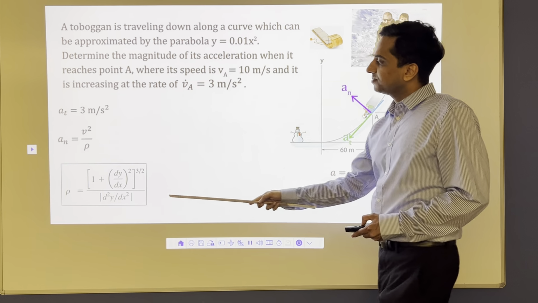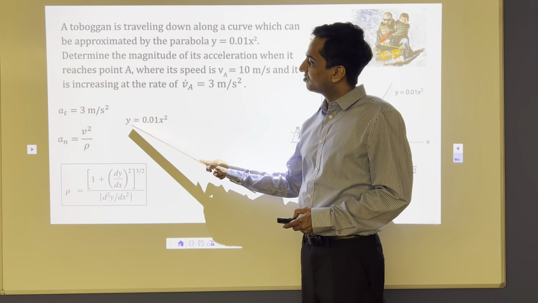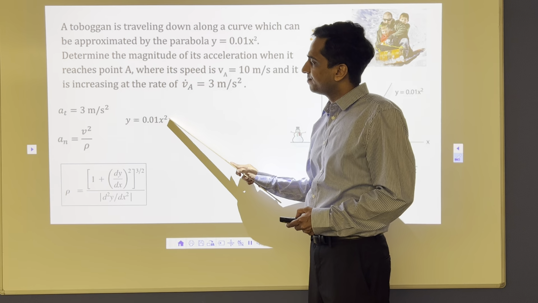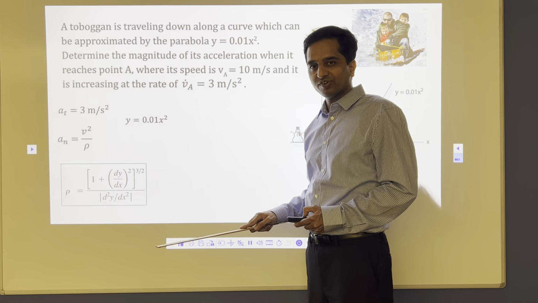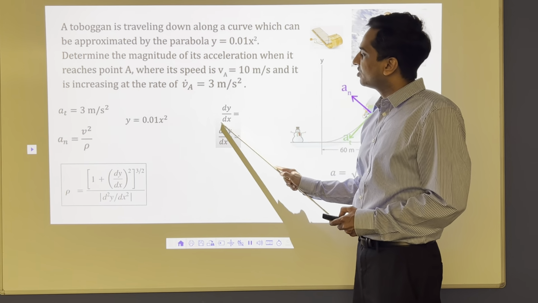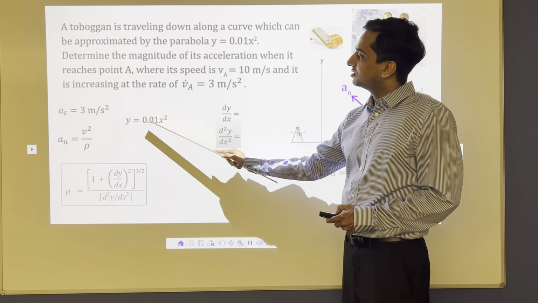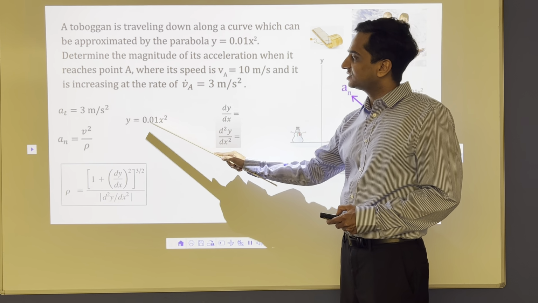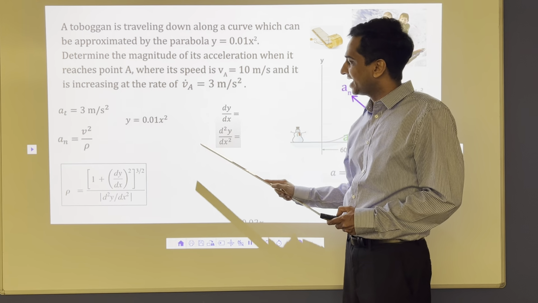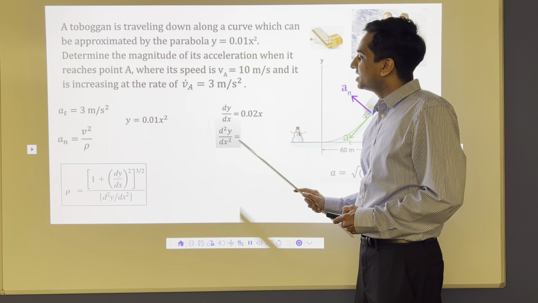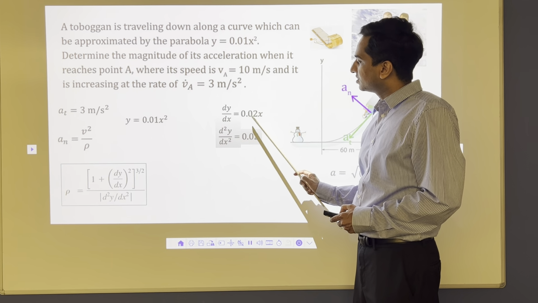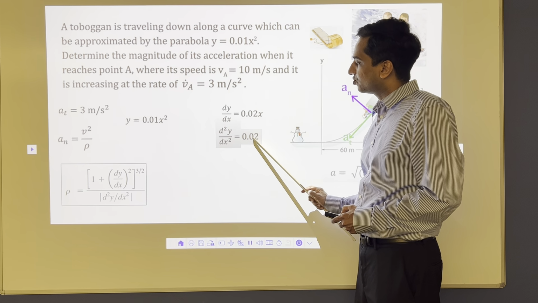Here I have the equation y is equal to 0.01x squared. I am going to find the single derivative, which is very easy. dy/dx is nothing but x squared becomes 2x, and this becomes 0.02x, and that's it. The double derivative will become just 0.02.